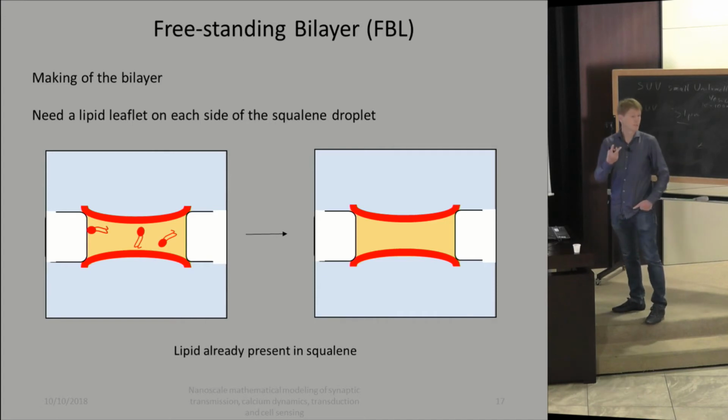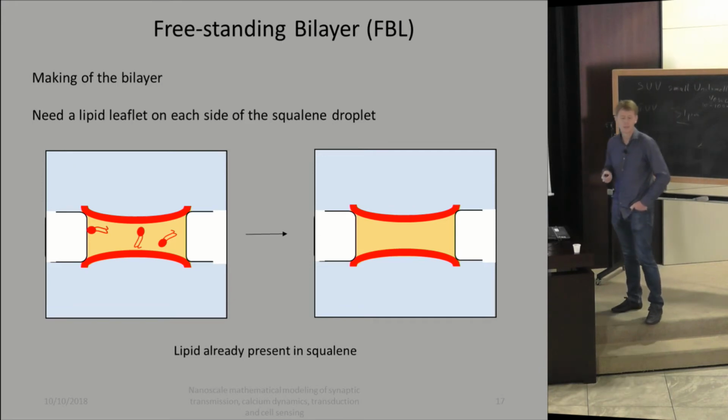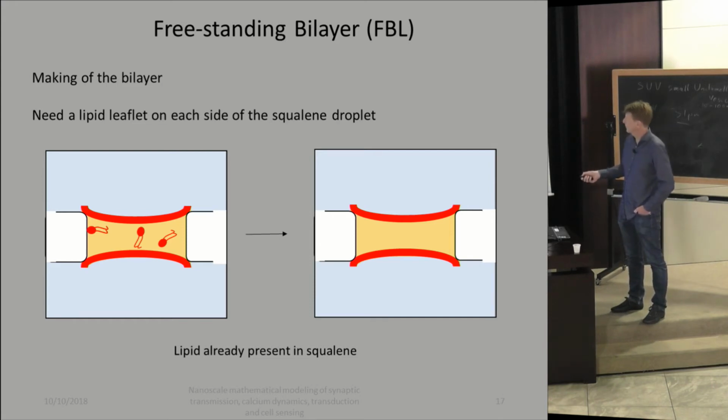There are 2 ways. First way is to put lipids directly in squalene. You can dissolve it, it takes a while, you have to heat it up at 37 or 30 degrees, shake it for a couple of hours, even more, overnight, and it ends up in the squalene, and then spontaneously will go at the buffer squalene interface.